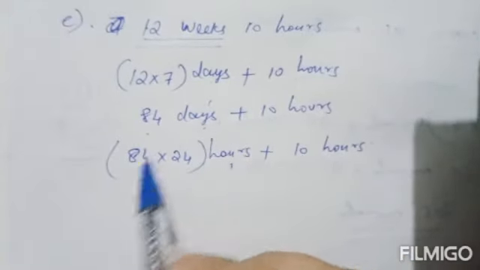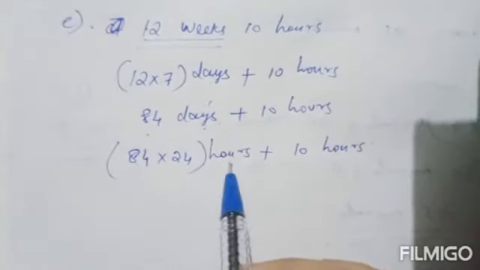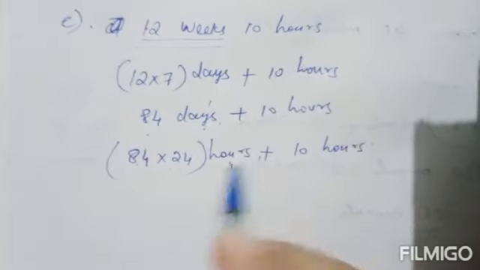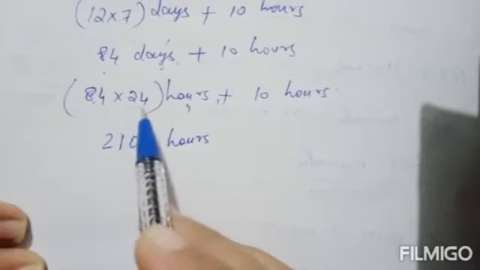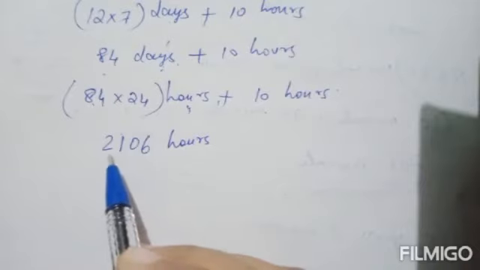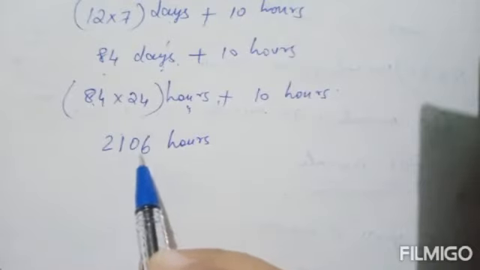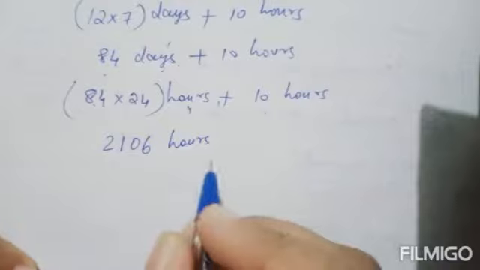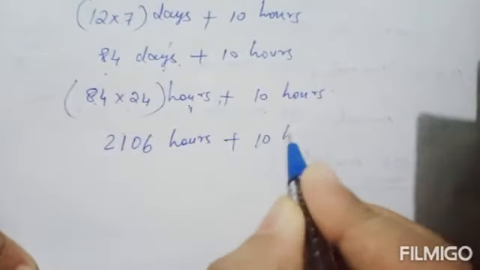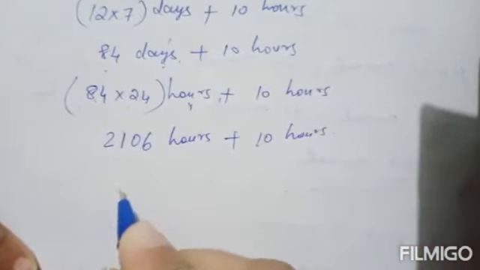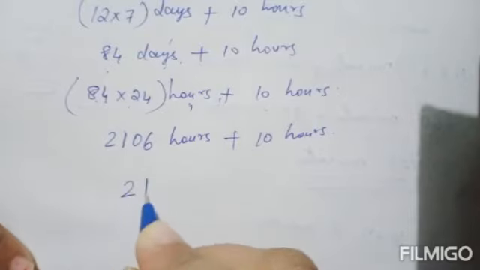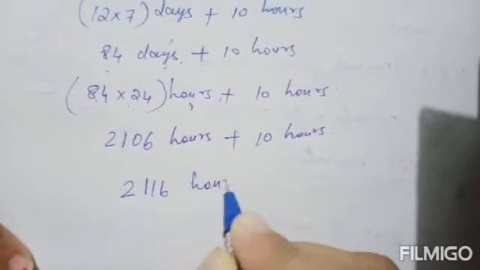So 84 days will be 84 into 24 hours plus this 10 hours. Here first we are converting weeks to days, then days to hours. 84 into 24, you will get 2016. So 2016 hours plus this 10 hours, what you will get is 2026 hours.